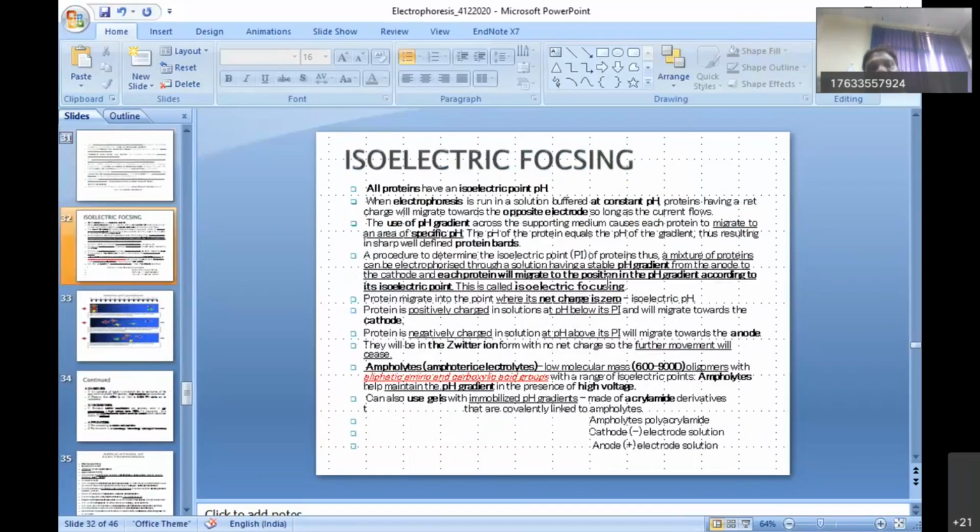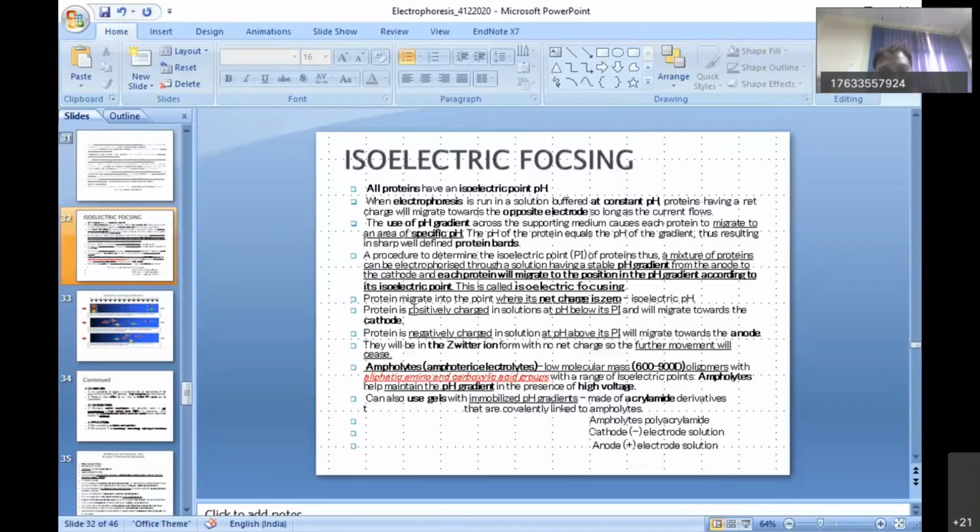Again, isoelectric focusing is another method of electrophoresis. Here you use the isoelectric point to separate the protein molecules.